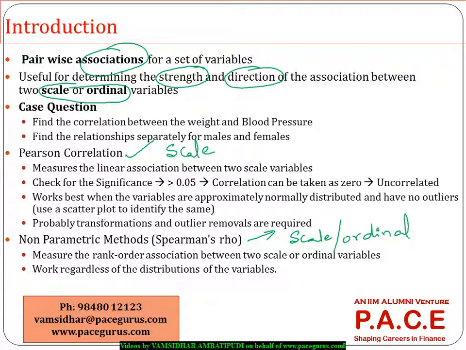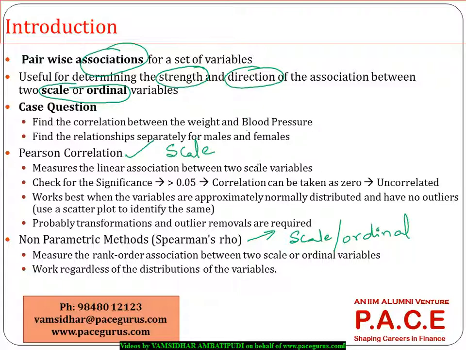Now, these two things will talk about the strength of the relationship existing between the two variables, and this Pearson correlation basically looks at analyzing the relationship from the actual data itself.